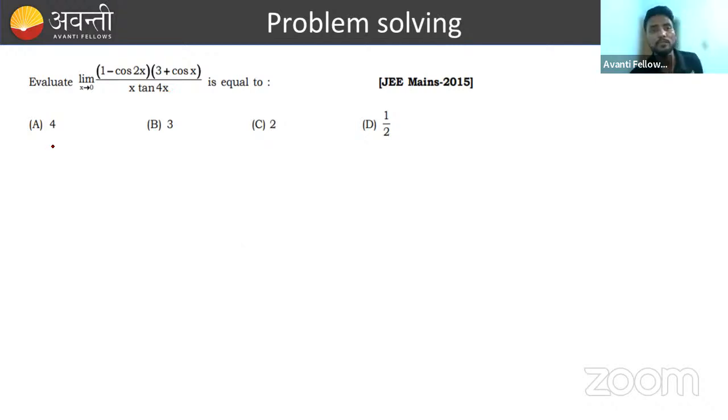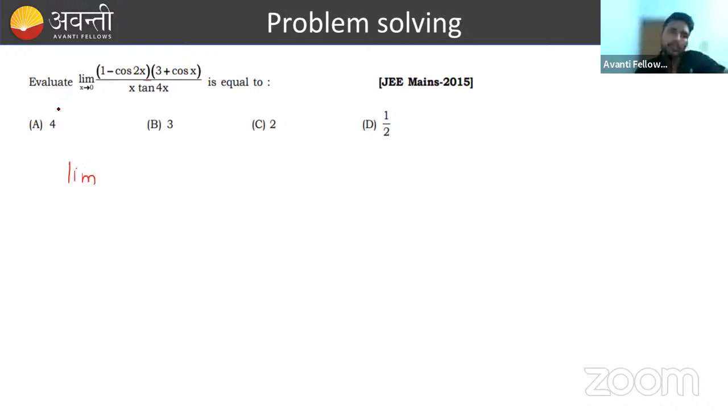But here also, after x tending to 0, you are getting 1 minus 1, 0 by 0 only. But we will not use L-Hospital rule here, because on this side you can see there are products. Product means after using the product rule, you will get a lengthy calculation. So we will try to create the standard form.